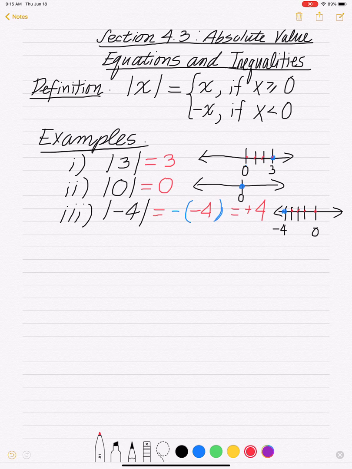So let me write down some facts about the absolute value. Number 1, the absolute value is telling you how many units away from 0 your number is. So let me write that.